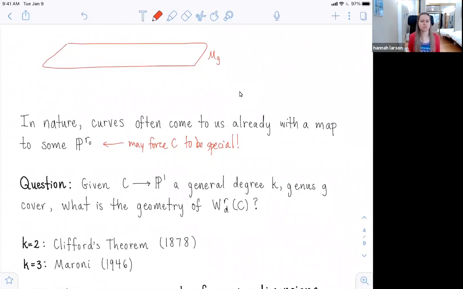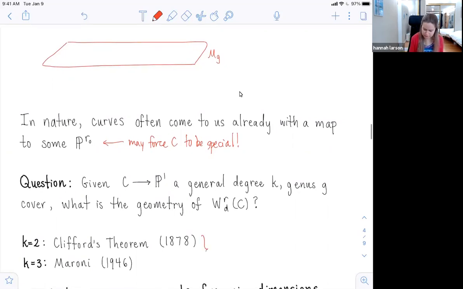This question is answered by some famous classical works when k is equal to 2 or 3. And in fact, these classical theorems of Clifford and Maroni answer this question for all smooth C. But for higher k, the picture has been a lot less clear.